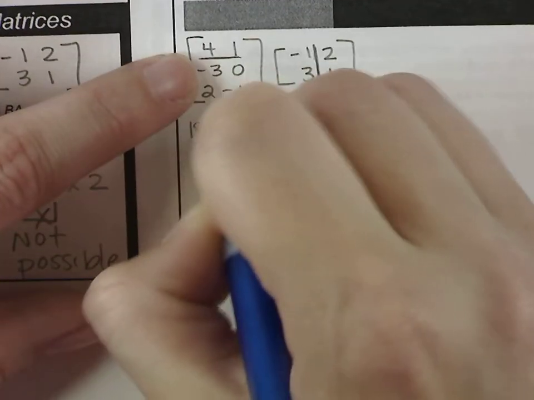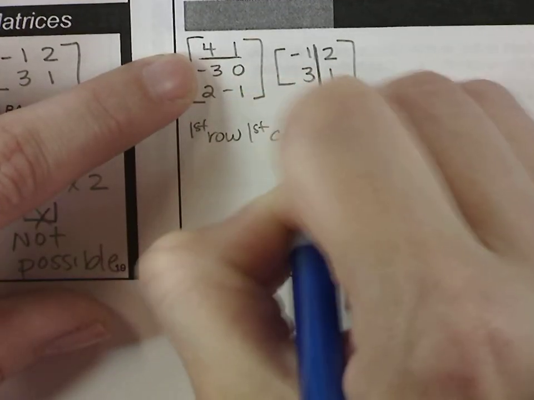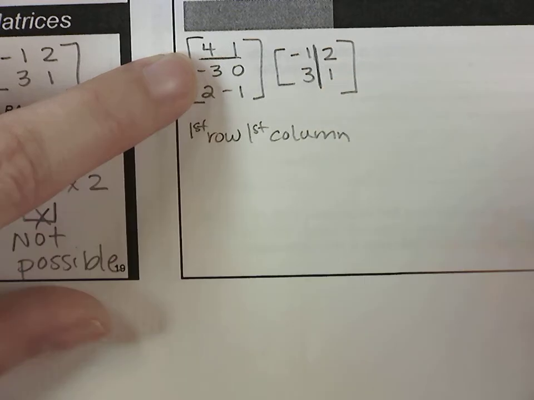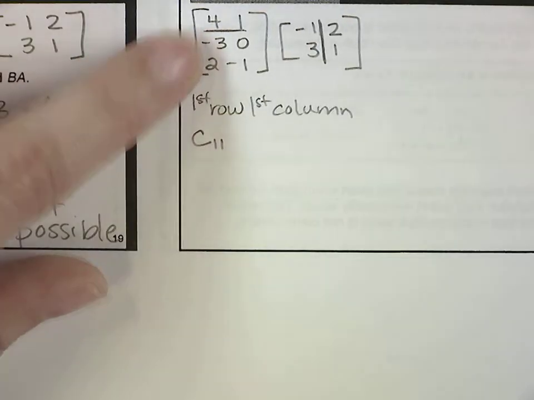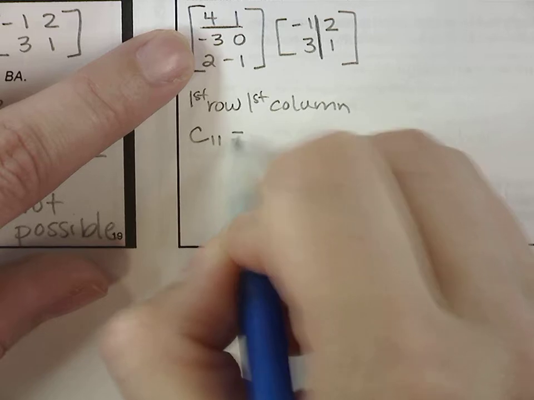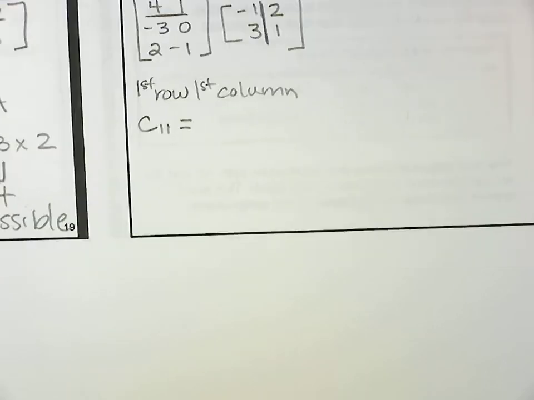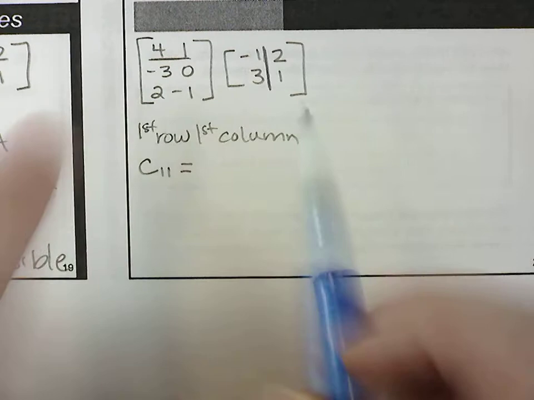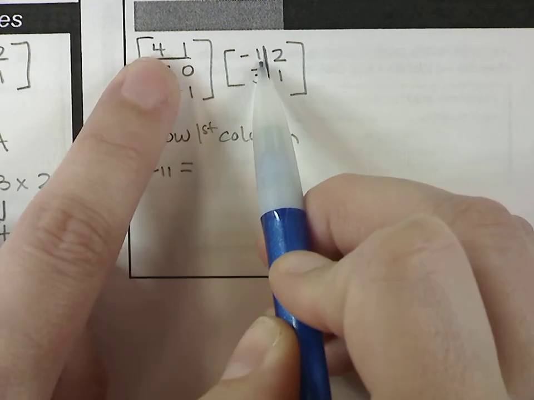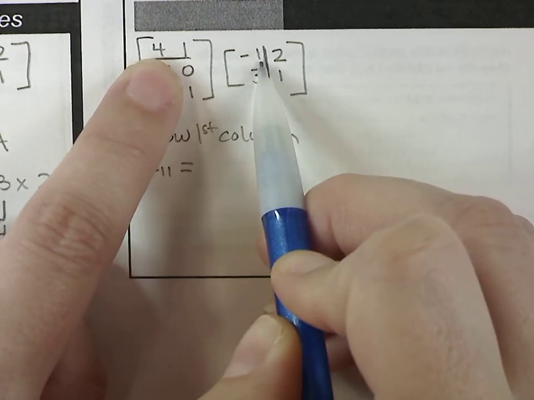So if I'm doing the first row, first column, okay, I'm finding C of 1, 1. First row, first column, okay? And then if you want to just watch what I'm doing, and then I'll give you a second to write it down. So you're going to multiply the first term in the row by the first term in the column.